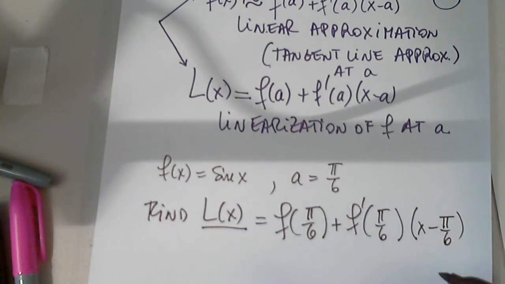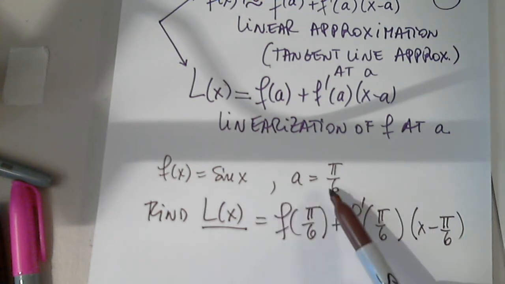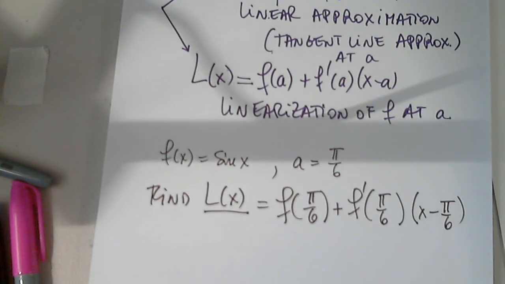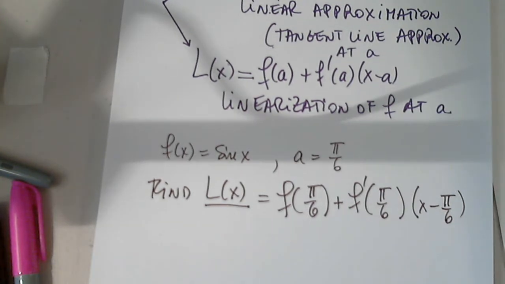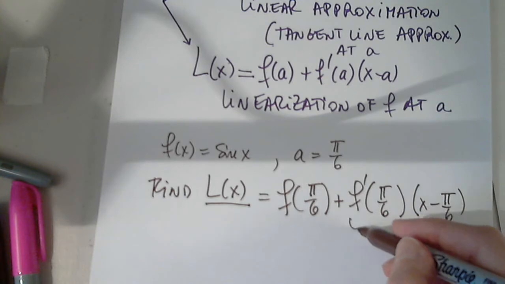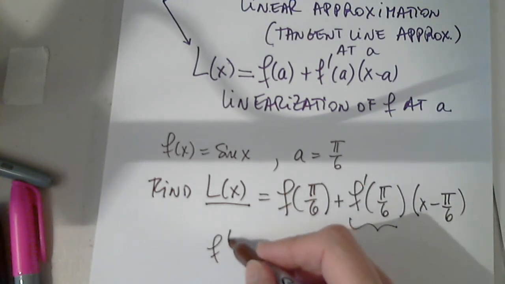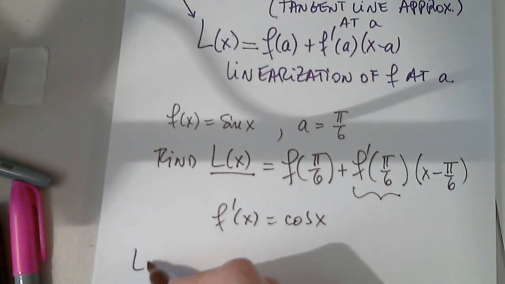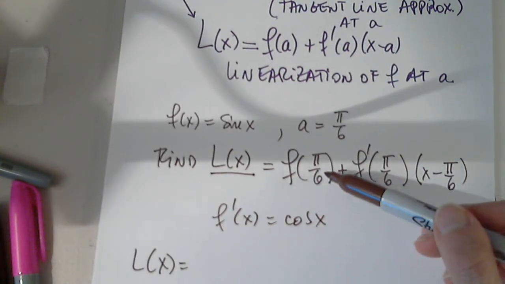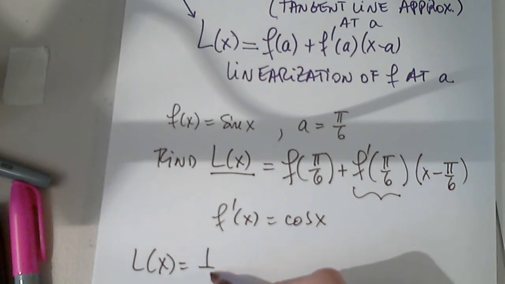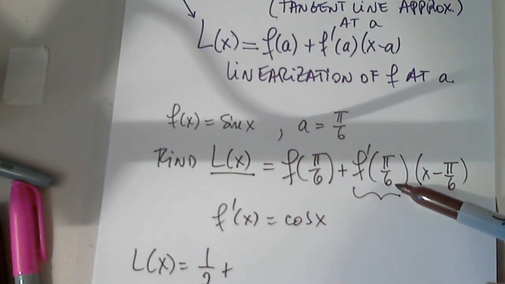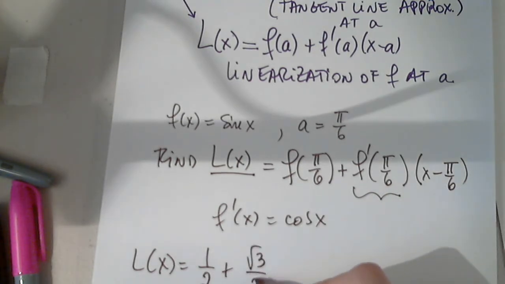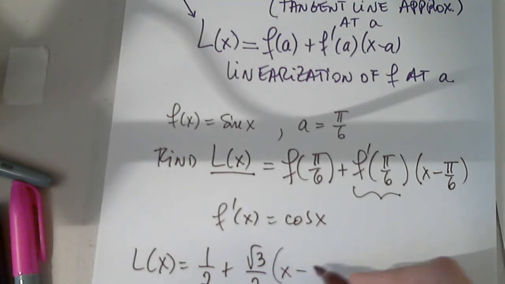And this will be a line that will approximate sine near pi over 6. Okay, so what I have to do is determine this, but I know that f prime of x is cosine x. So then the linearization will be f of pi over 6, I know it's 1/2, plus cosine of pi over 6, I know is the square root of 3 over 2, and then x minus pi over 6.